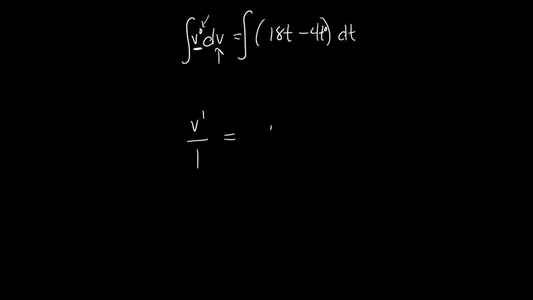I'm going to add 1 to my exponent and divide by my new exponent. But we're not done. We have to put in the constant that disappeared. And if we don't know what it is, we use a placeholder to represent that expression at time equals 0.